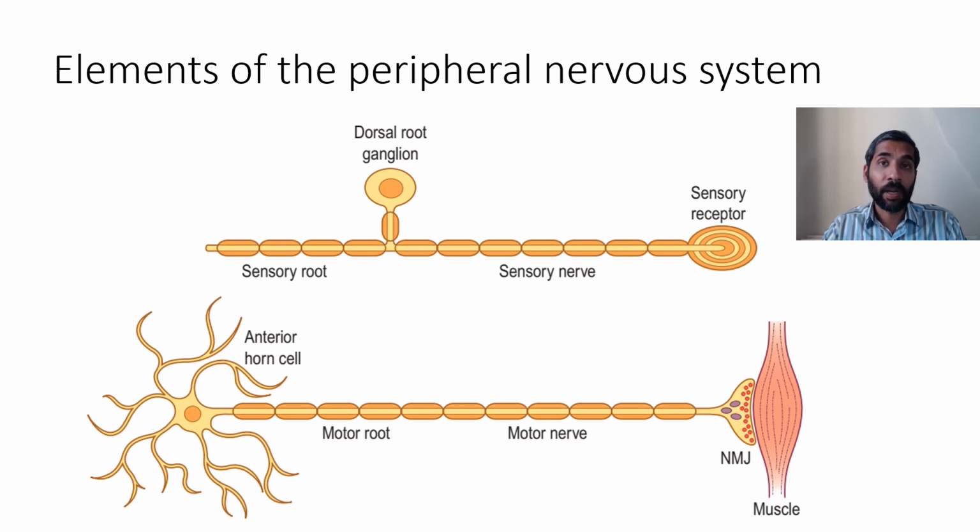This is the peripheral nervous system, and the peripheral nervous system we said consists of two things: the sensory neurons and the motor neurons. Now the motor neurons end in a muscle, and the junction between the muscle and the nerve is called the neuromuscular junction.